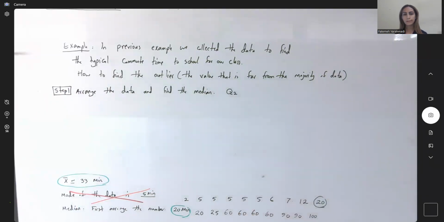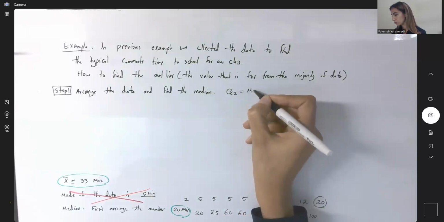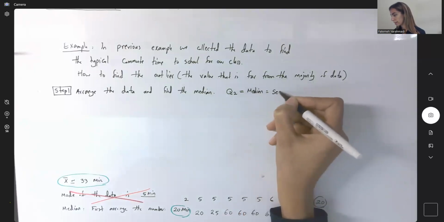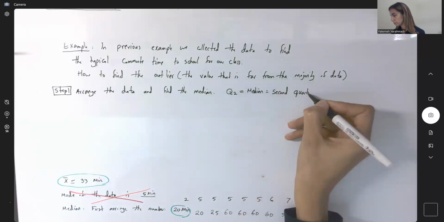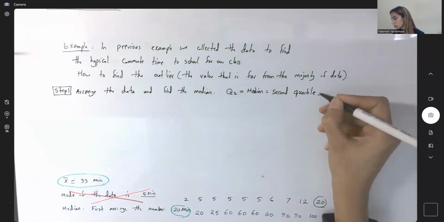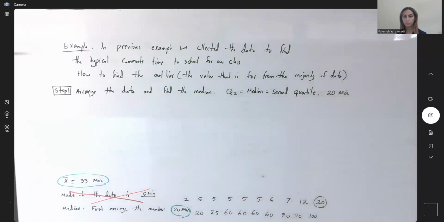We call it the second quartile as well. Q2, or median, or second quartile. In our question, we already know the median of the data, which is 20 minutes. So Q sub 2 is 20 minutes.